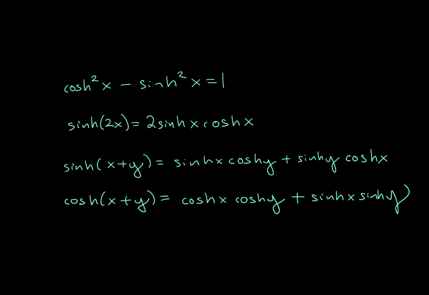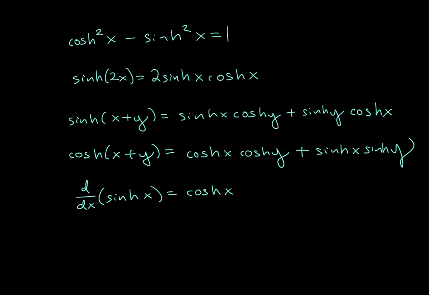Other things that you might discuss in trigonometry are inverse trig functions. Here, I wanted to list other facts, so let me get 3 more. The derivative of sinh of x is equal to cosh of x. The derivative of cosh of x is equal to sinh of x.